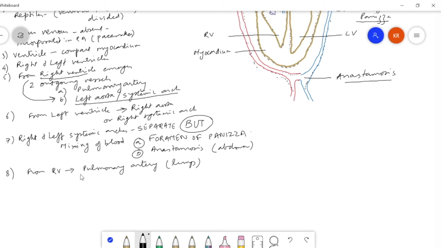At the base of this pulmonary artery is a special cog valve that can seal the opening completely.